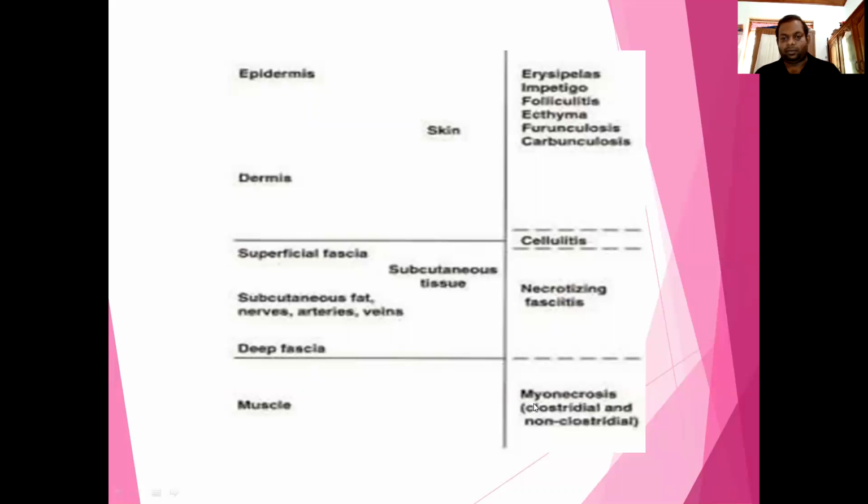Further deep, maybe involving skin and subcutaneous tissue, or just confined to muscles, it's termed myonecrosis. It can be classified as Clostridial and non-Clostridial. Clostridial, anaerobic bacteria.